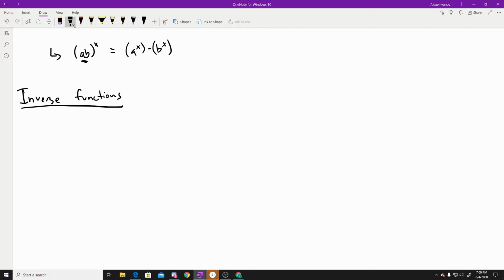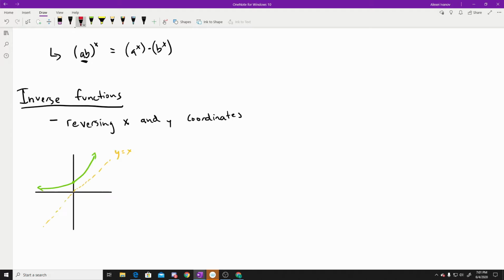But to get into the essence of inverse functions, all it is is just reversing the x and y coordinates. So if we think about this statement right here, just reversing the x and y coordinates, graphically this would mean that we take whatever the x coordinate is and we swap it with the y coordinate.